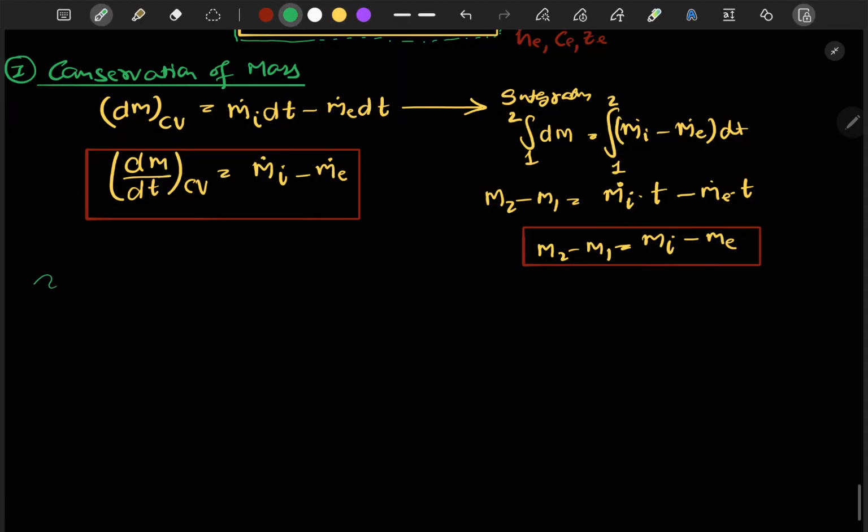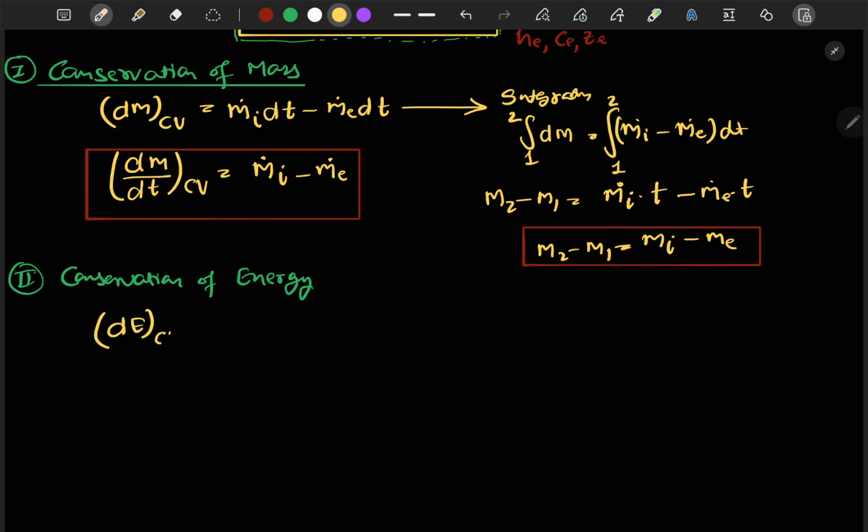Okay, so the second point we will be discussing is conservation of energy. We will calculate the amount of energy accumulated inside the CV in time dt.